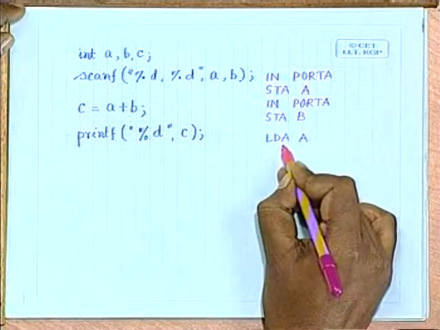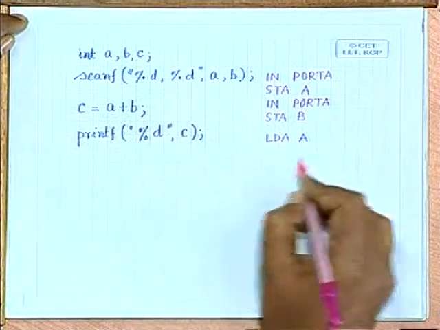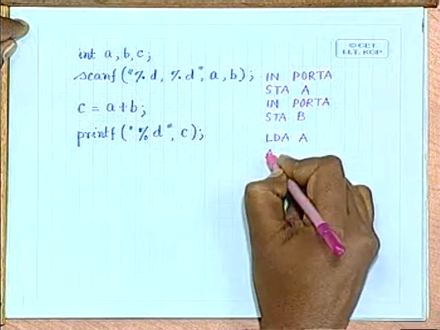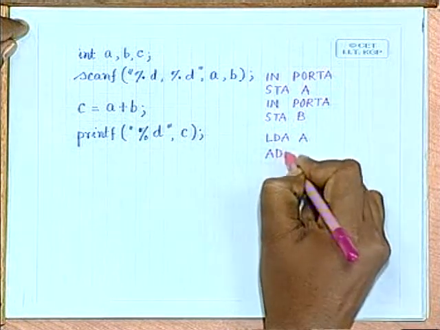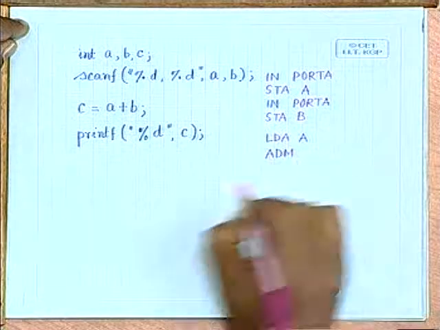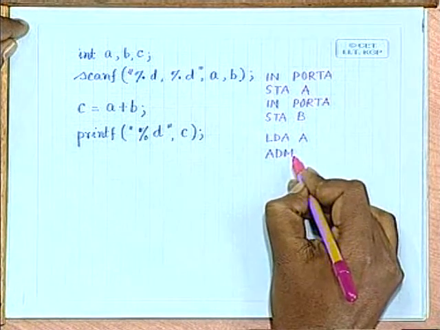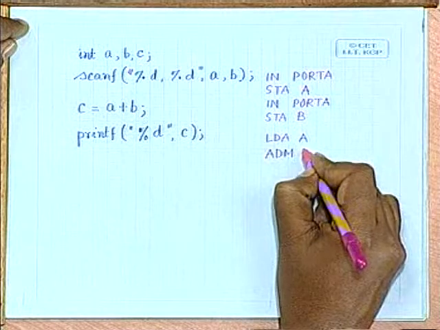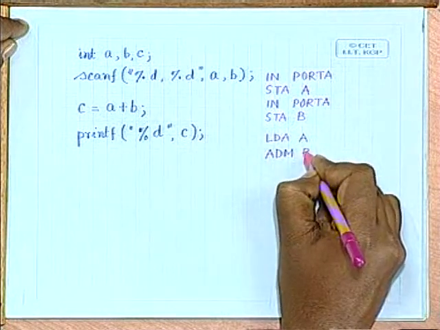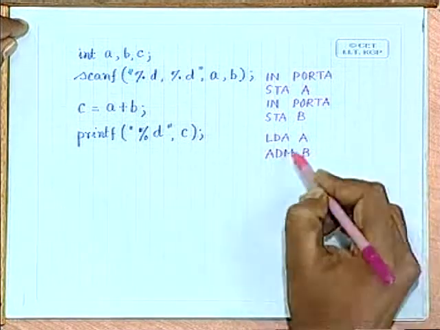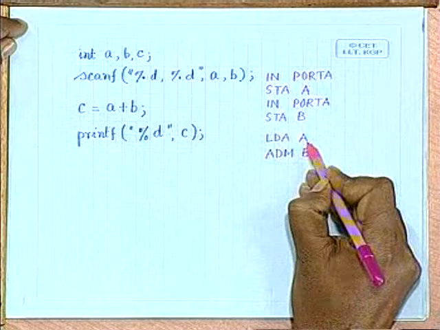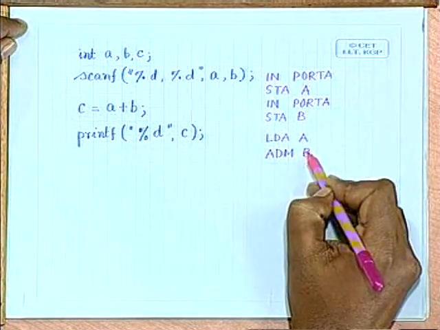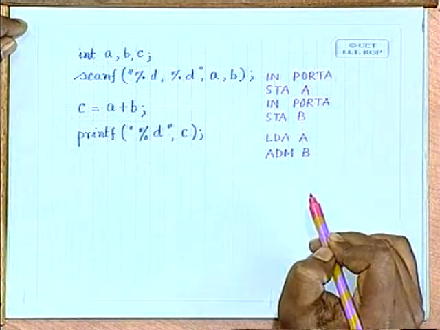So, once I get this data in the CPU, then another operation that I can perform is, say, add memory. The content of the memory location B has to be added with A. So, I will put it as add memory B, and here we assume that after addition of these two values of A and B, the result will be available in the accumulator.